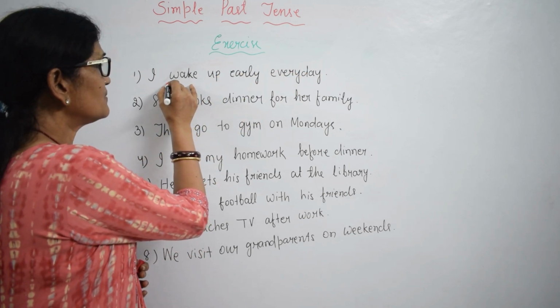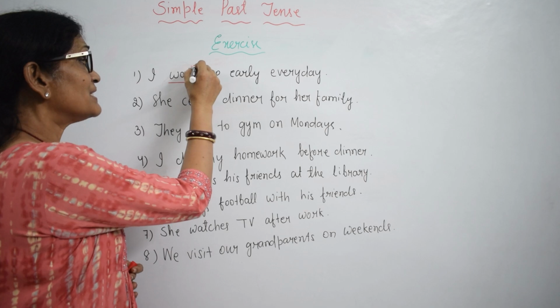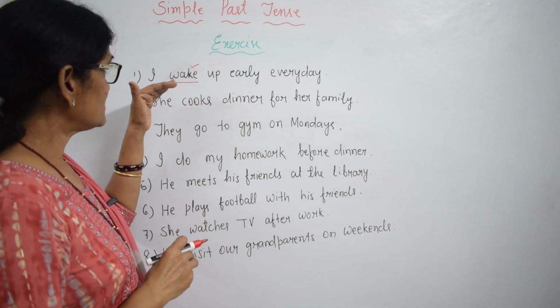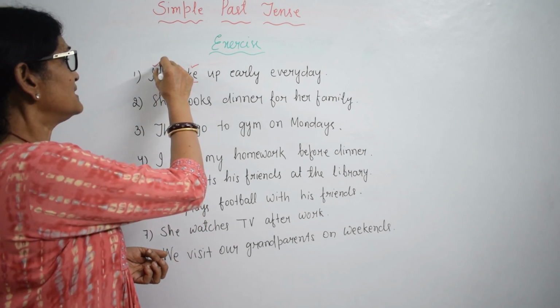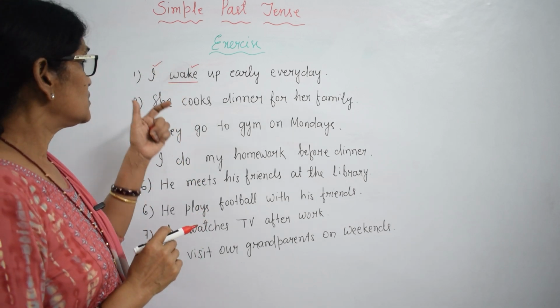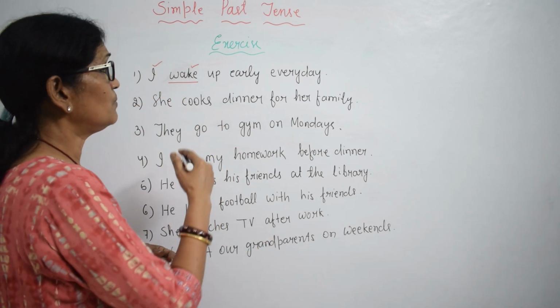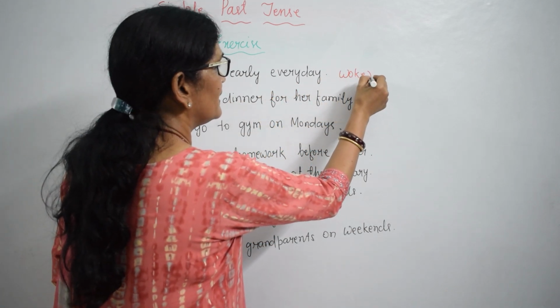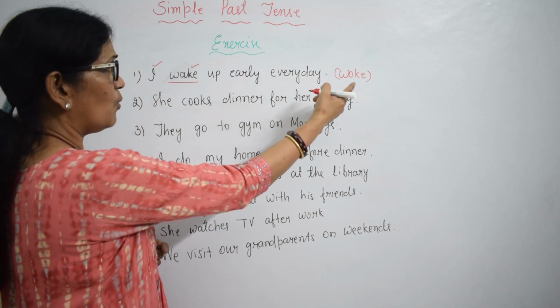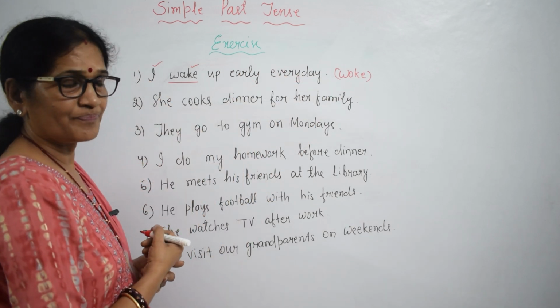Here, wake is the verb. This is in present form. When the verb in a sentence is in present form, that is a simple present sentence. So wake will be changed into woke, the past form. I woke up early every day.